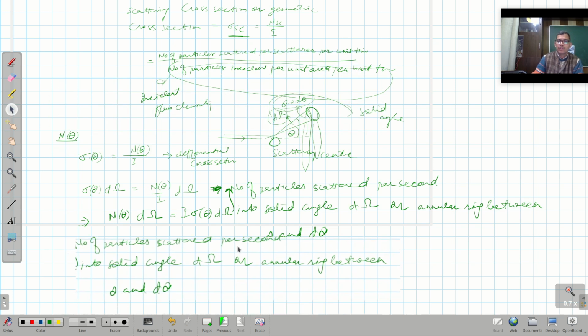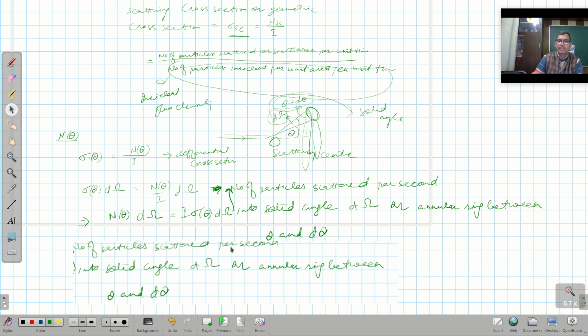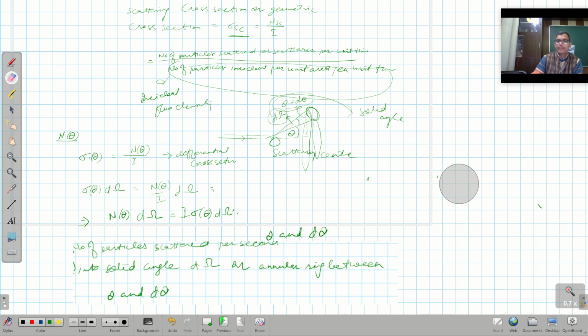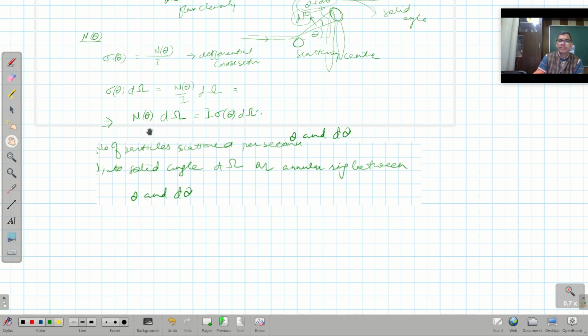So this is it basically, and this is not needed. That means this is the number of particles. This quantity basically represents this value, right? Now I want to find out the total cross section.